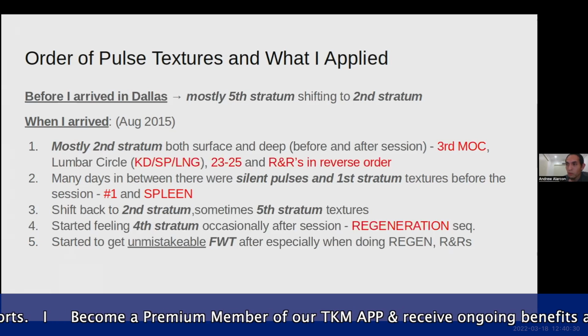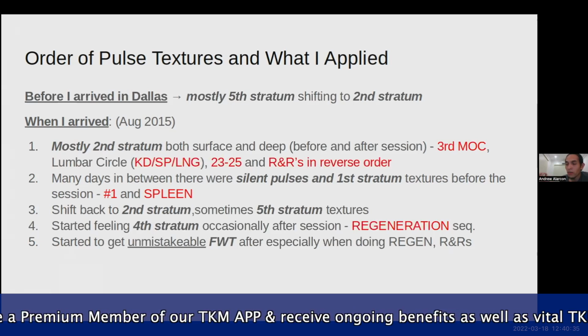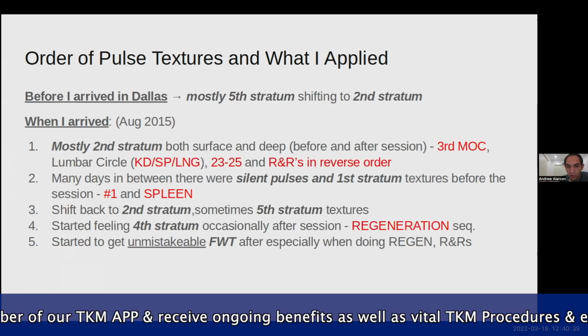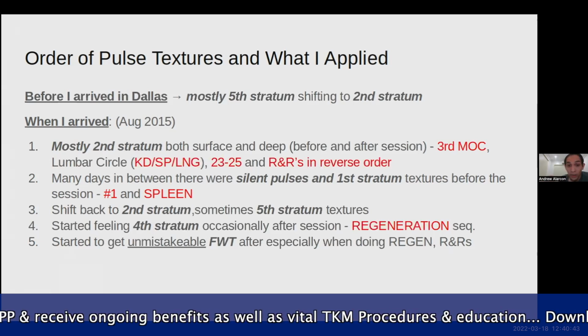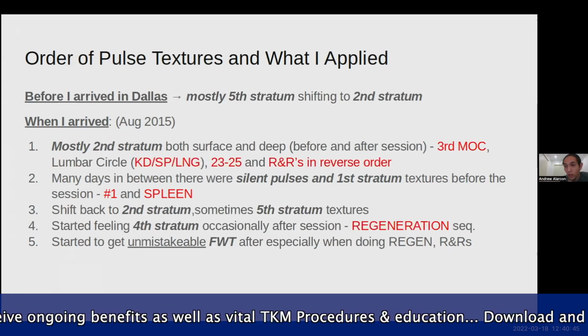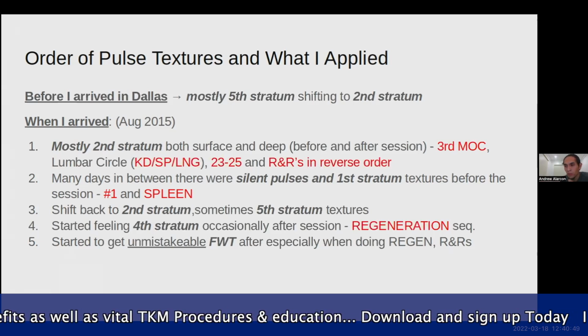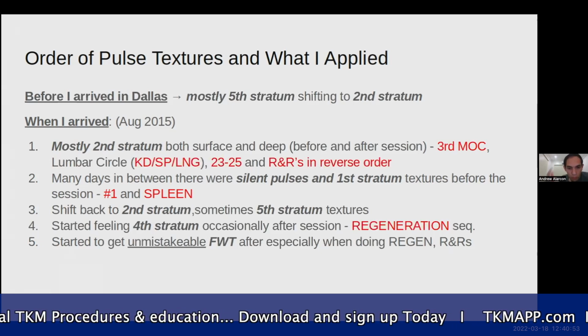So for me, fluff with tone feels like something very relaxing. Sometimes the other pulses, the other textures, feel like they're hurried, they're in a rush, they're very intense sometimes. So your second stratum would be boop boop boop boop.